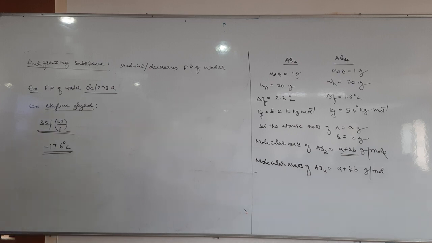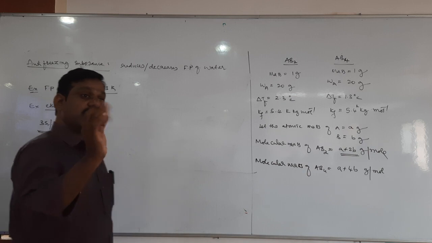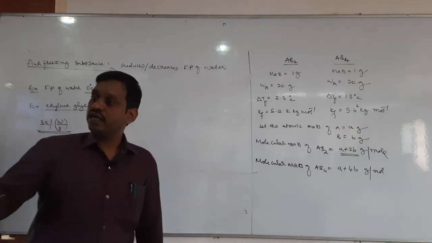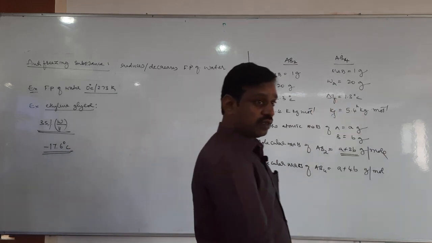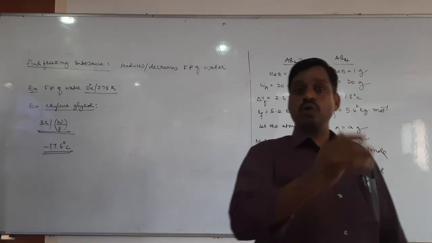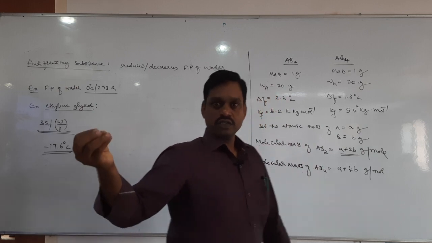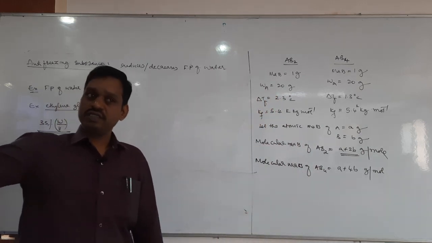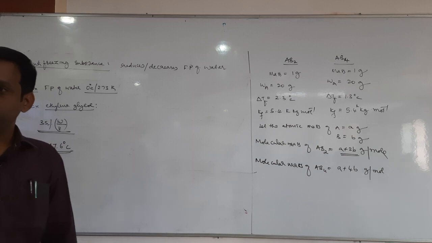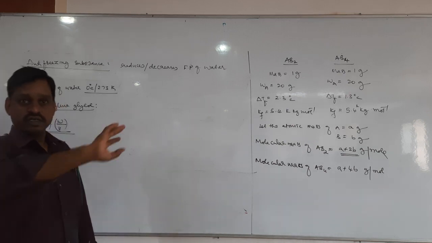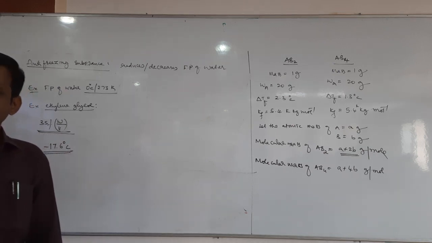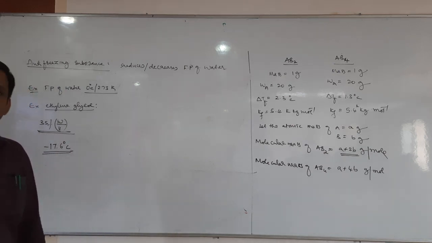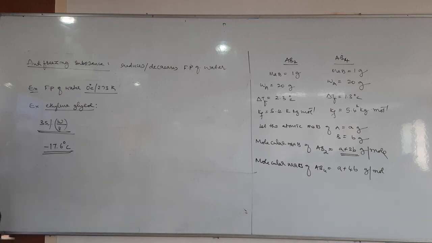Next, there was one previous question: sodium chloride and anhydrous calcium chloride are used to clean the roads in snow. During the winter season, even in our India, particularly in Himachal Pradesh and the northern side, the roads get completely blocked by snow, right?